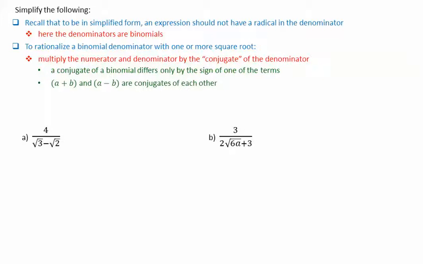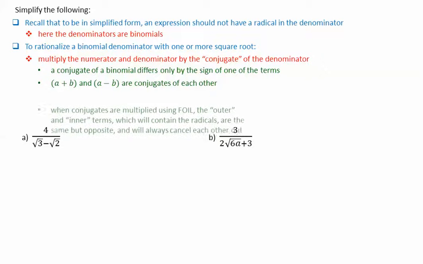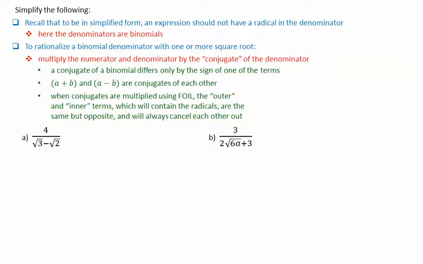As an example, a plus b and a minus b are conjugates of each other. When conjugates are multiplied using FOIL, the outer and inner terms, which will be the ones containing the radicals, are the same but opposite, and thus will always cancel each other out.